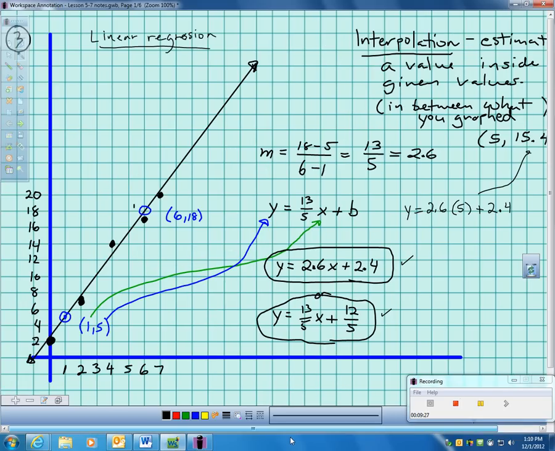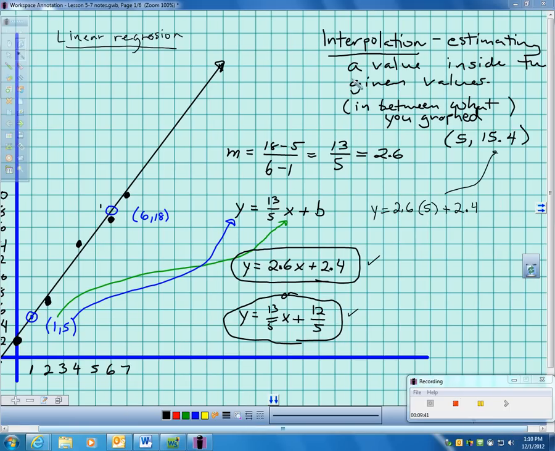Let's see how close that estimate would be to my other data. Here's the point x = 5. Here's the point 15. You can see my line is giving me an estimate that the point (5, 15.4) would be on this line. Okay? That's called interpolation. All right? So we can do a linear regression by hand. That's typically how I would do it.